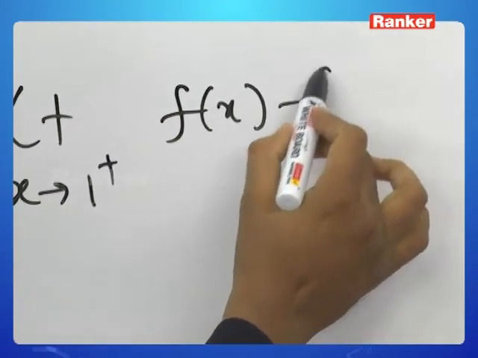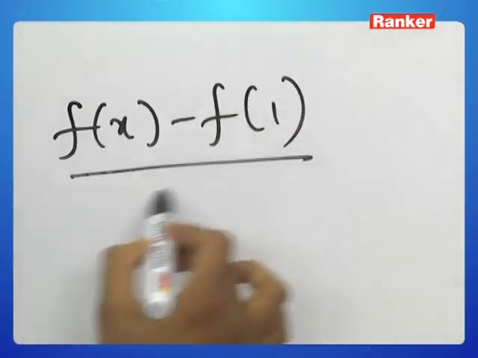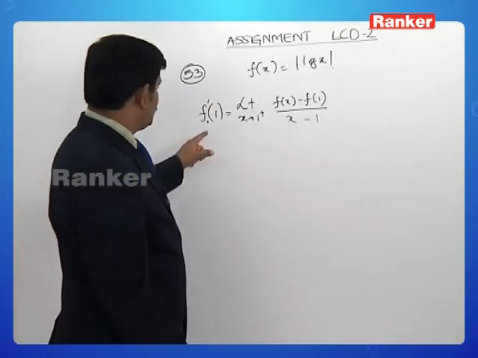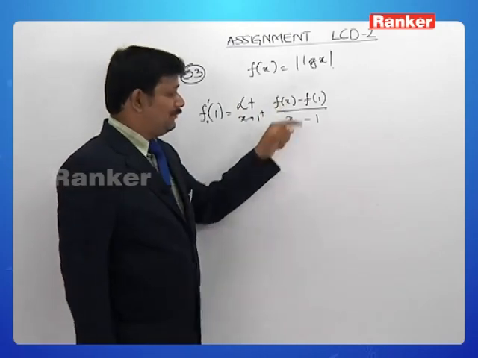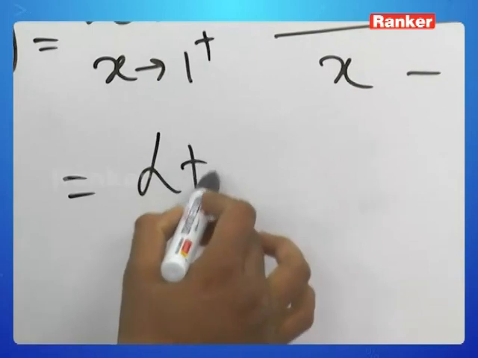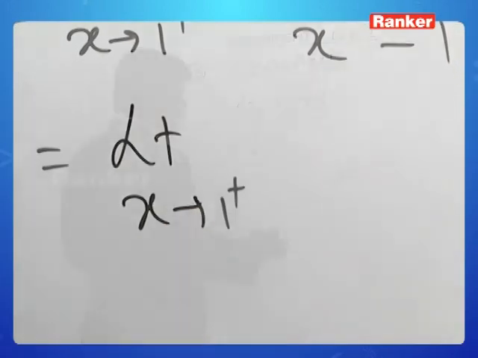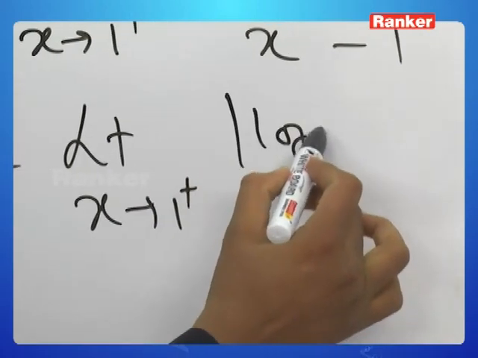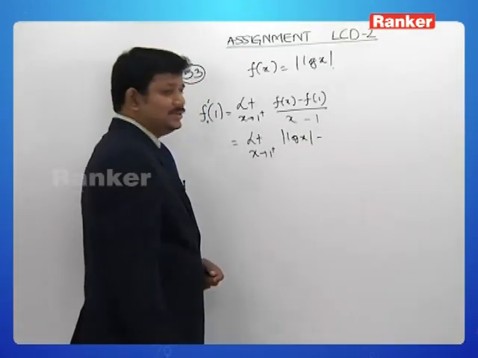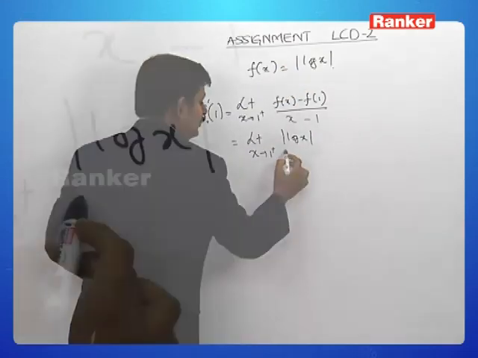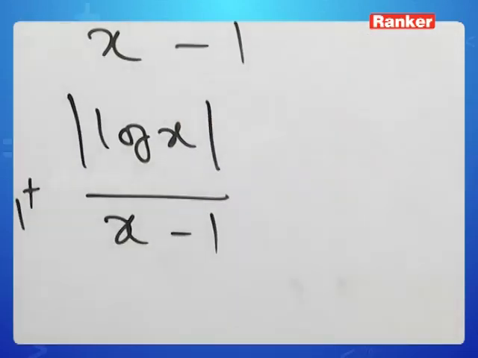F dash of 1 plus is limit x tending to 1 plus of f of x minus f of 1 divided by x minus 1, which is limit x tending to 1 plus, where f of x is mod log x, minus f of 1, log 1 is 0, mod 0 is 0, divided by x minus 1.